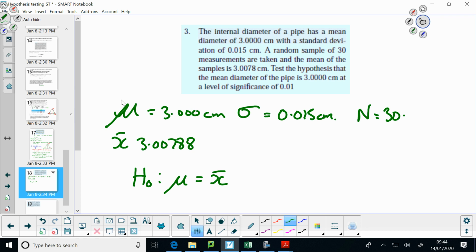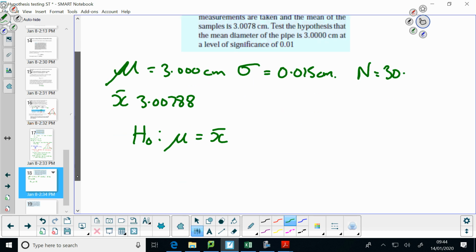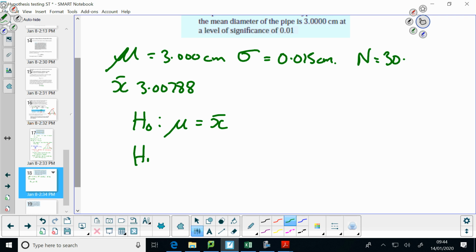Now if we're going to test that it is absolutely equal to that level of confidence, then we have to reject everything else. So our alternative hypothesis is that mu is not equal to x bar. Therefore, it is a two-tailed test.